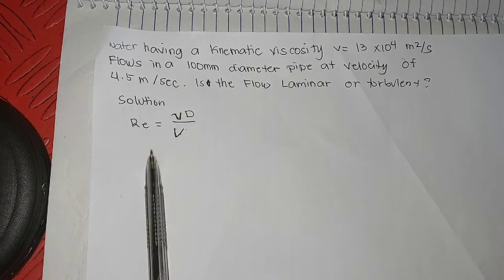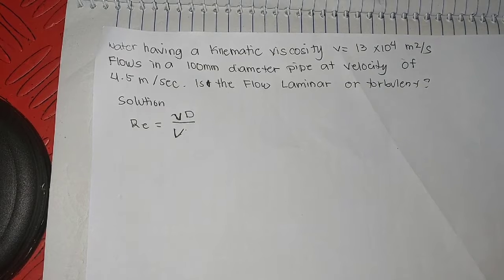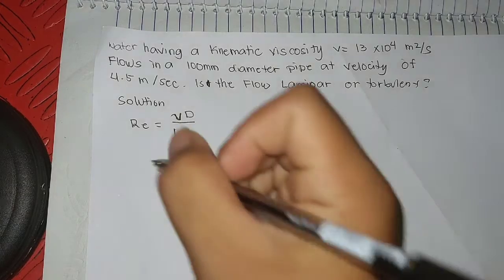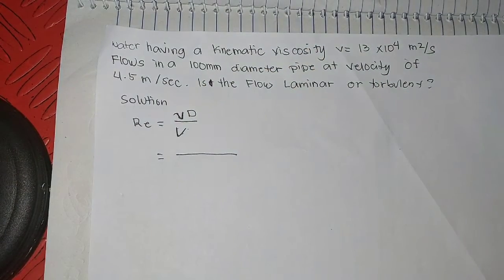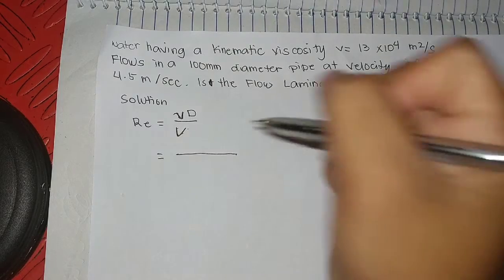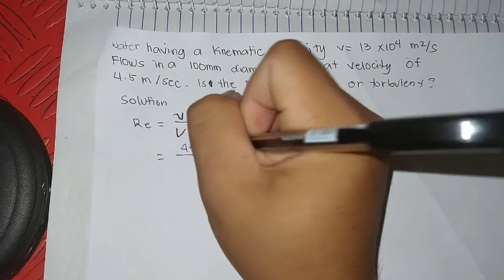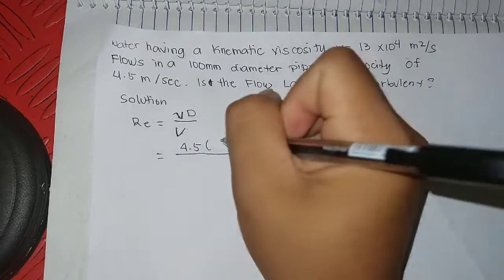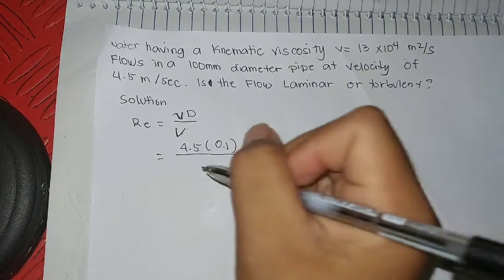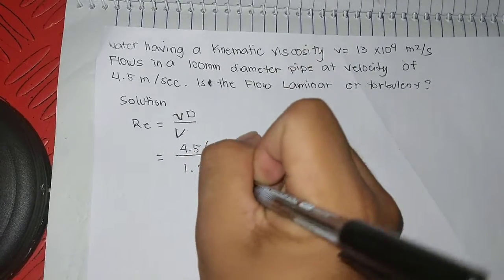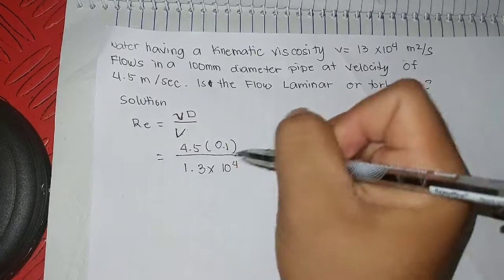Here's our formula. The Reynolds number is equal to the velocity multiplied by the diameter divided by the viscosity. So here, our velocity is 4.5, multiplied by 0.1, our diameter, divided by 1.3 times 10 raised to the 4.